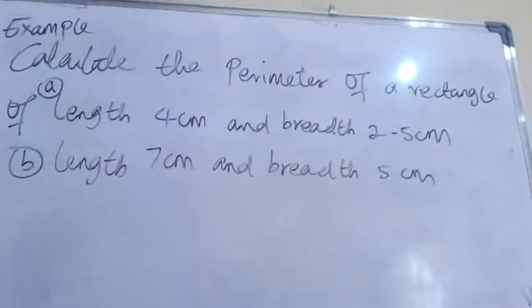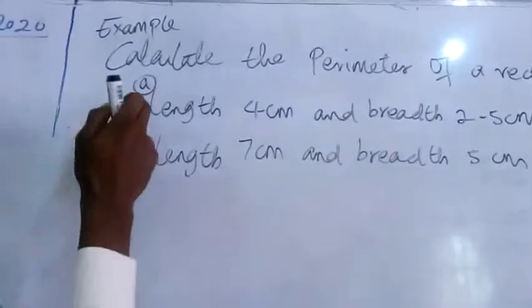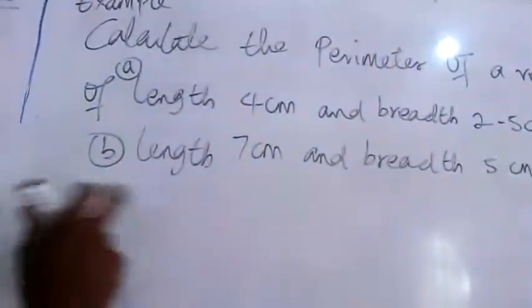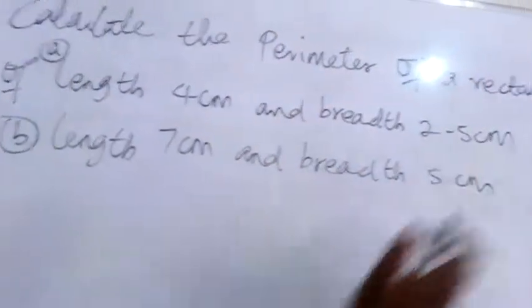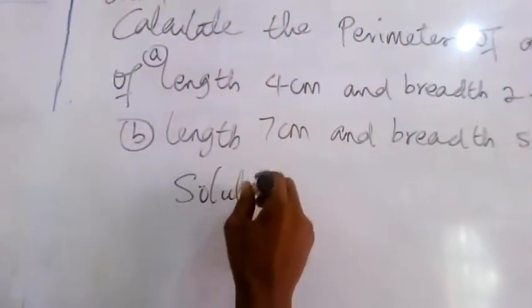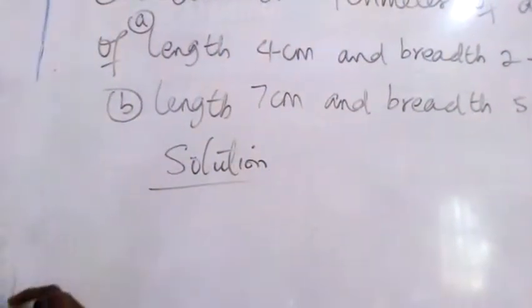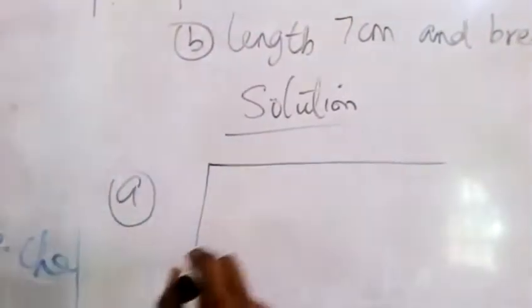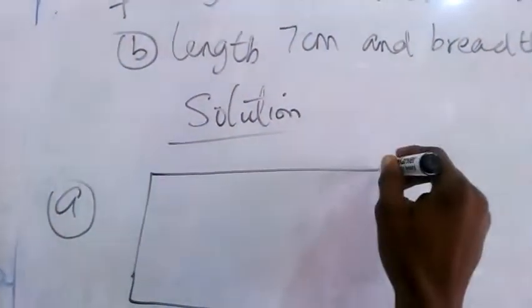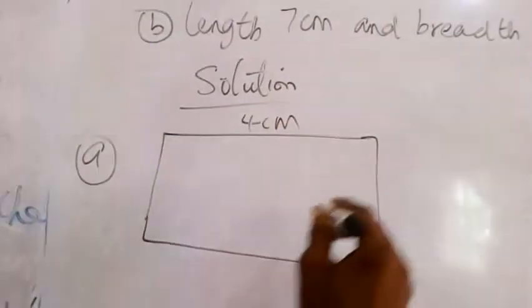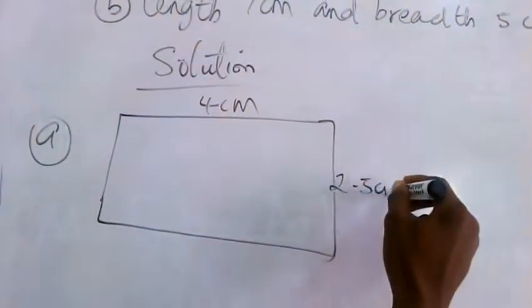Calculate the perimeter of the rectangle with length 4 cm and breadth 2.5 cm, and the rectangle with length 7 cm and breadth 5 cm. So we solve applying the formula for finding the perimeter of a rectangle. We can first sketch the rectangle. We have our length of 4 cm and our breadth of 2.5 cm.